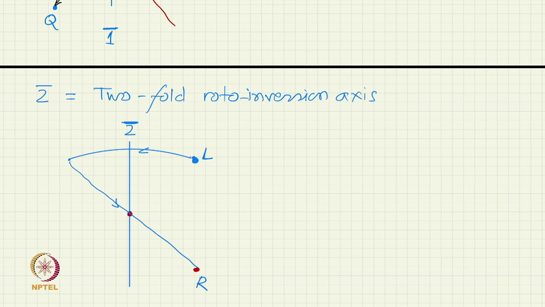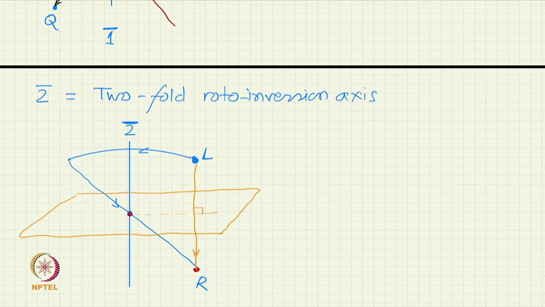Can you think of any other relation between this L and R? Instead of doing all that operation, if you would have started from this L and reflected in a mirror plane which is perpendicular to the axis and passing through the center, you will get the same point and same handedness change also.